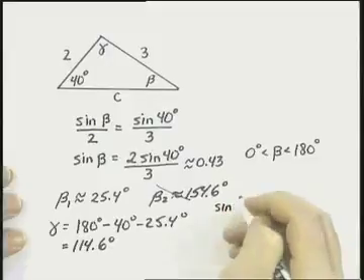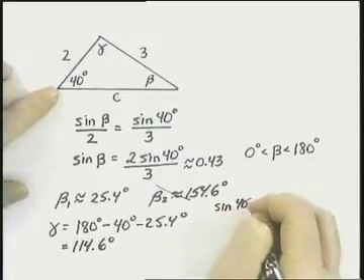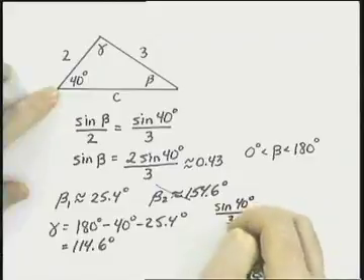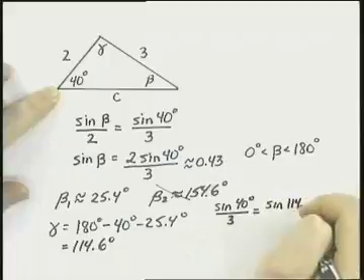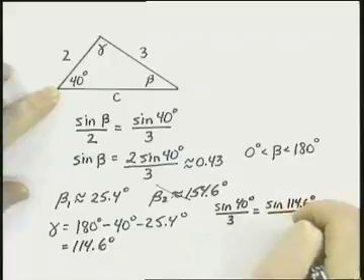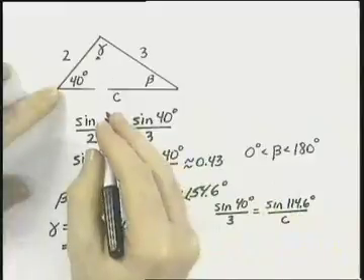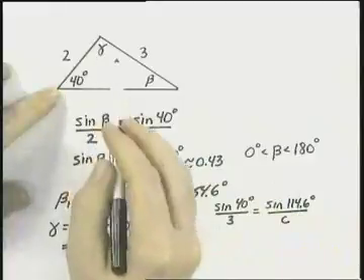The sine of 40 degrees over 3 equals the sine of 114.6 degrees over C, where 114.6 degrees is this one up here.